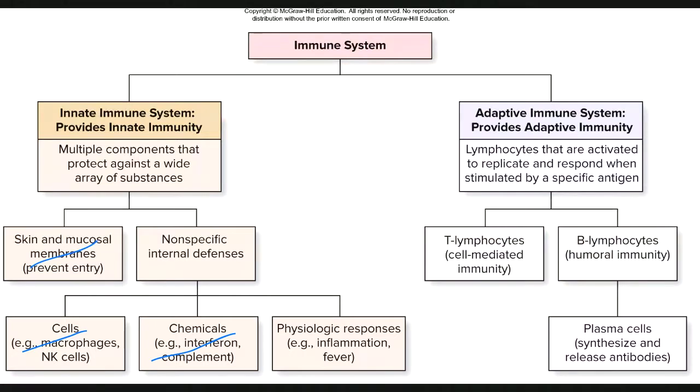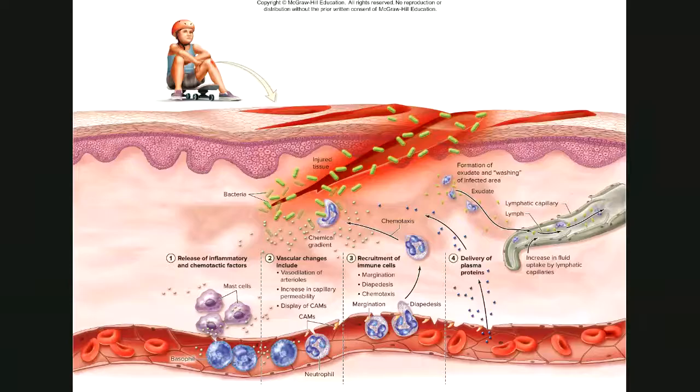The inflammation process is going to be a non-specific response in vascularized tissue. Okay, and I'm going to show you a picture that we use here to describe inflammation. So again, inflammation is a non-specific response in vascularized tissue, right?